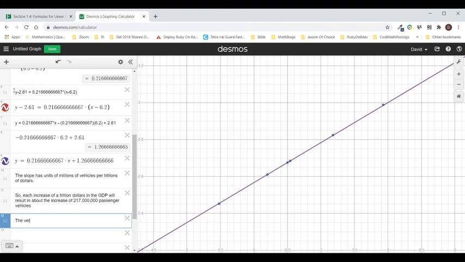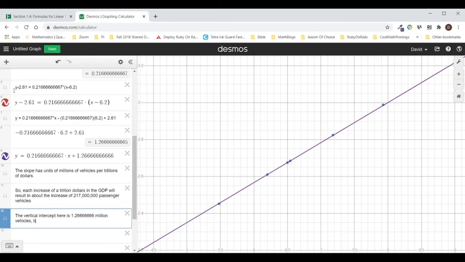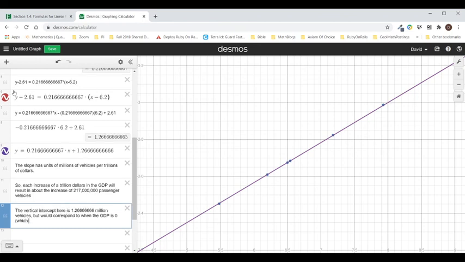The vertical intercept here is 1.2666666 million vehicles, but would correspond to when the gross domestic product is 0, which means the economy would have completely collapsed.